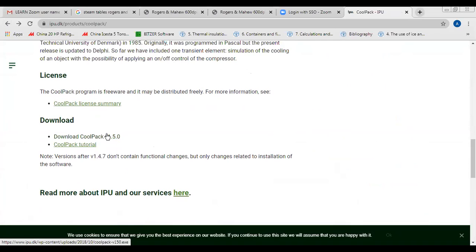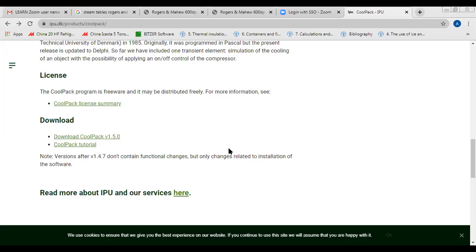Cool pack version 1.5.0. Even the professionals are using this because this is a very wonderful database that everyone should have. And luckily, this is free. It's a very valuable database, and this is free.